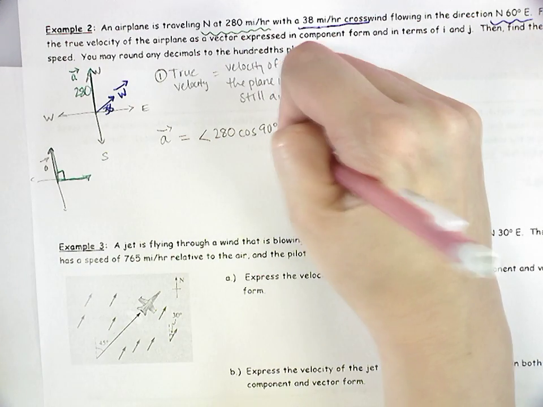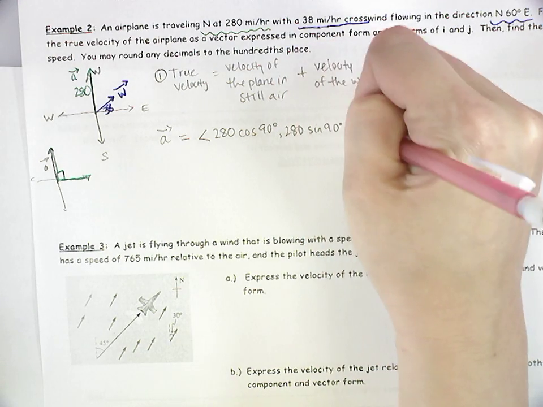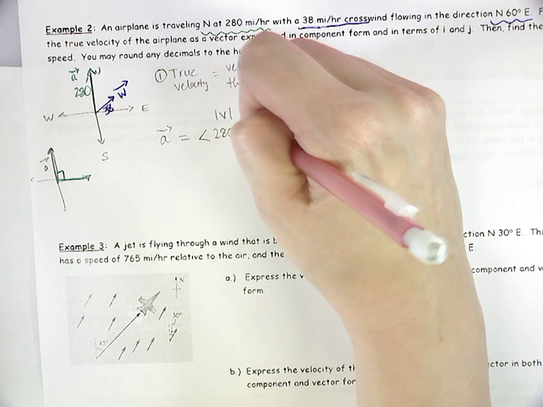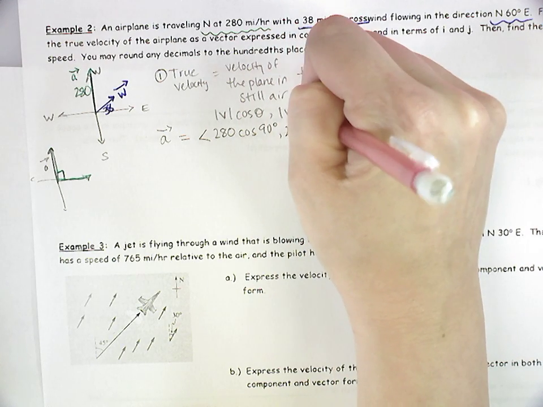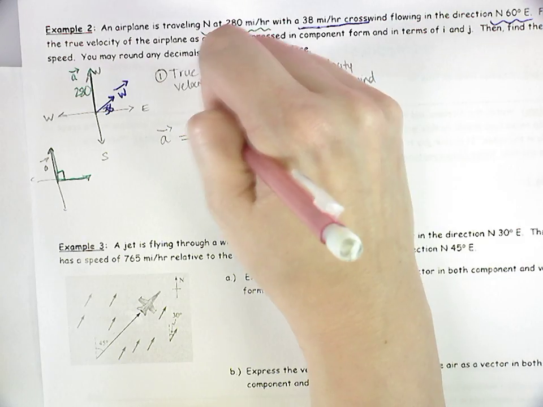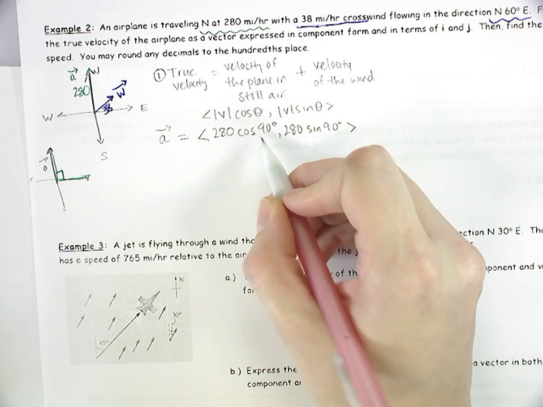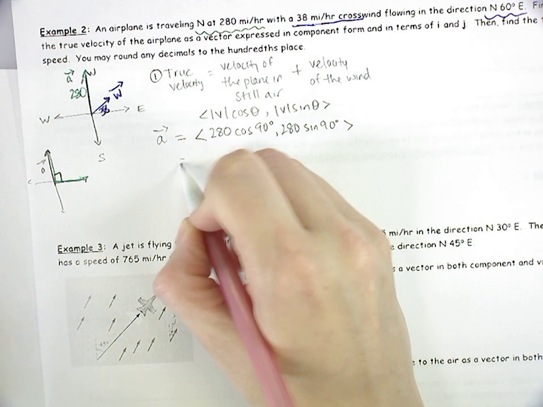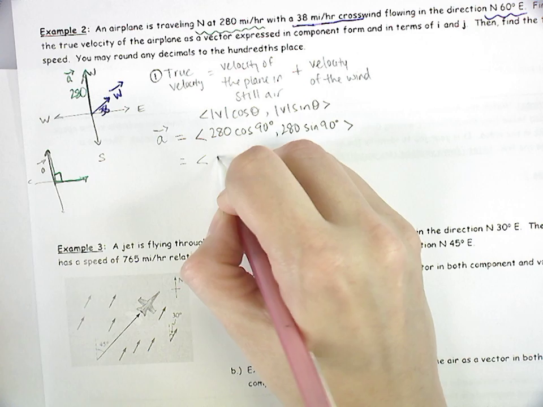Then I'll have 280 times the sine of 90. Just remember that comes from the magnitude times the cosine of theta and the magnitude times the sine of theta that we wrote down on our other side. And then we're going to calculate. At 90 degrees, George, what's the cosine at 90 degrees? 0. Good. So when I multiply this by 0, I get 0.